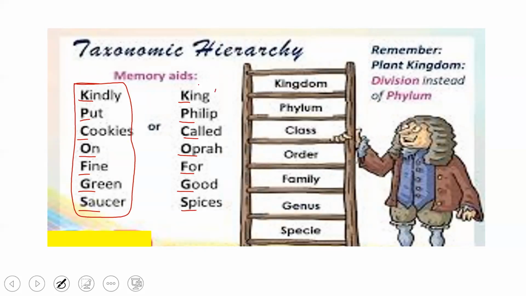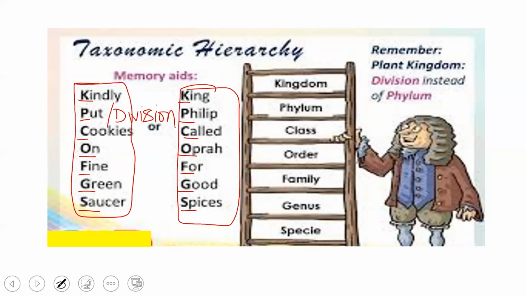You can remember it with either of these two formulas, or just plainly as KPC of GS. Remember, it is phylum in the case of animals and division in the case of plants.